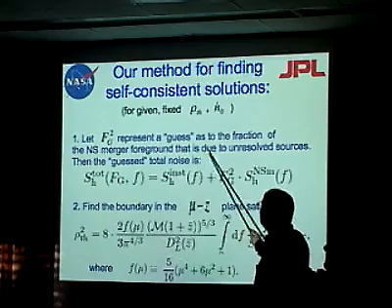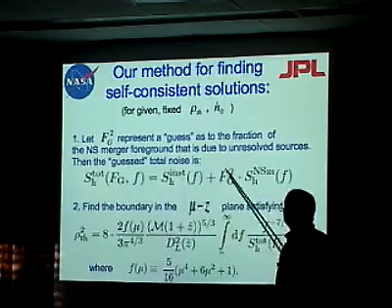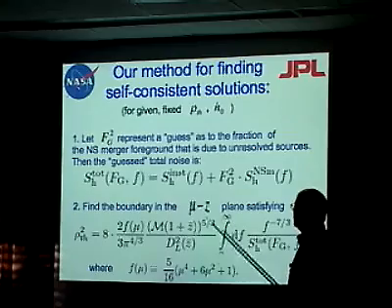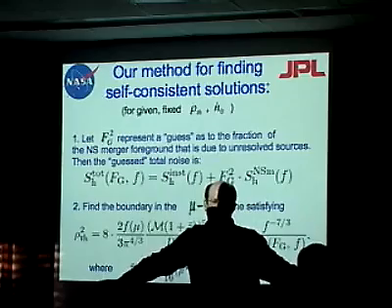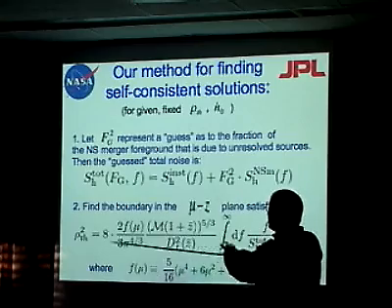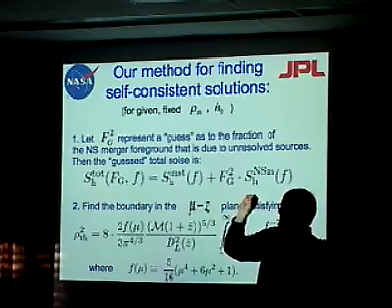Then my total noise budget is the instrumental noise plus the unresolved binaries. With that noise budget, I can find a boundary in the mu-z plane such that guys right on the boundary have the detection threshold.